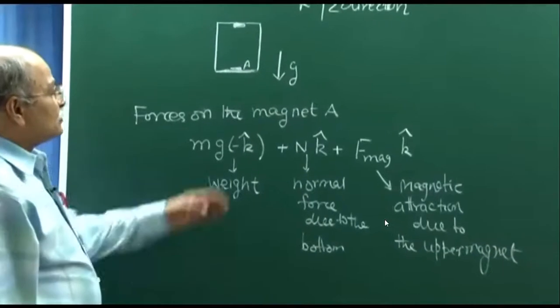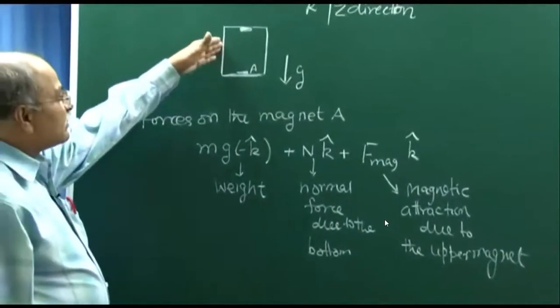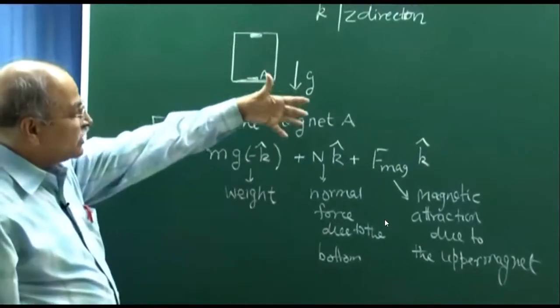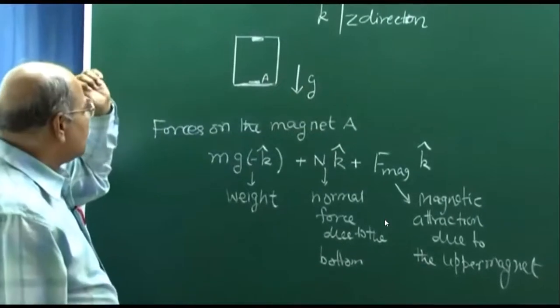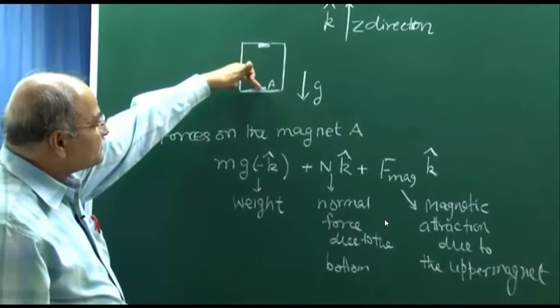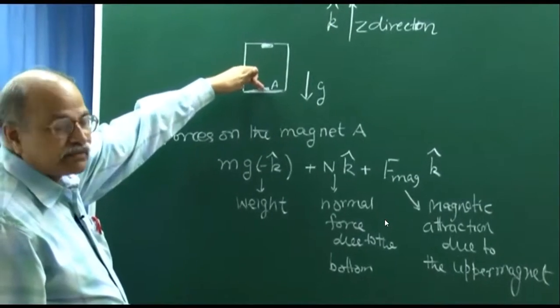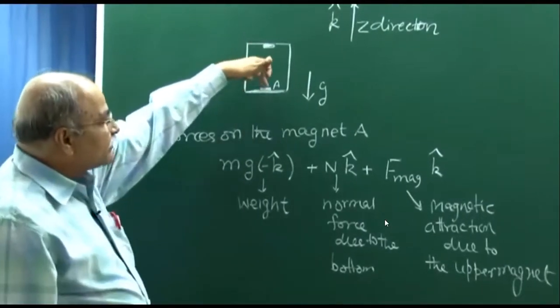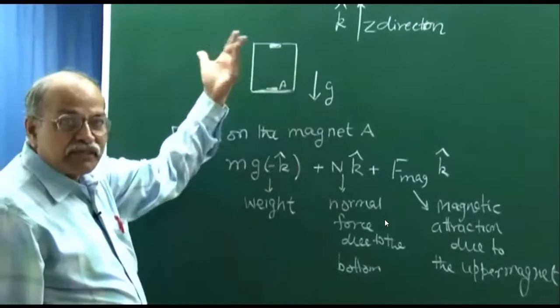And since we are using a non-inertial frame, I must apply a pseudo force also. I must write a pseudo force on this A, and that pseudo force will be the mass of the object multiplied by the acceleration of the frame with a minus sign.